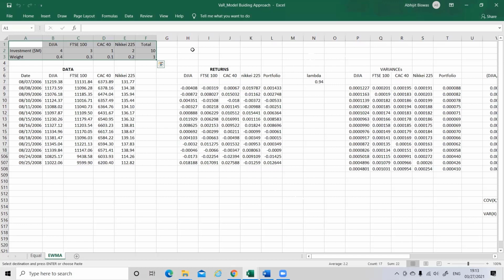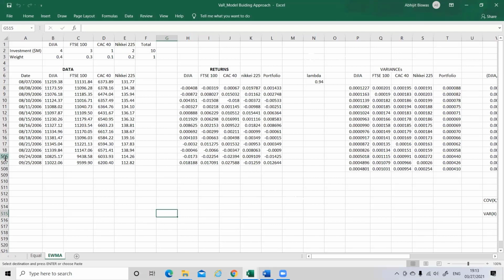Okay, this is given to you, and these are the price numbers, or the index points. Dow Jones, FTSE, CSE, Nikkei, right? And the data is from 7th August 2006 till 25th September 2008.